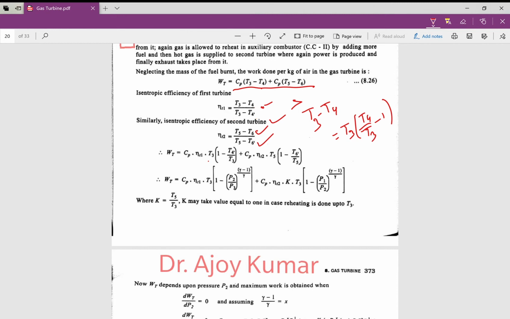So T4 dash, yes. So for this T3 minus T4 we can write like this: Cp, efficiency, T3 taking out, 1 minus T4 dash upon T3. Similarly, for this T5 minus T6, we can write like this.